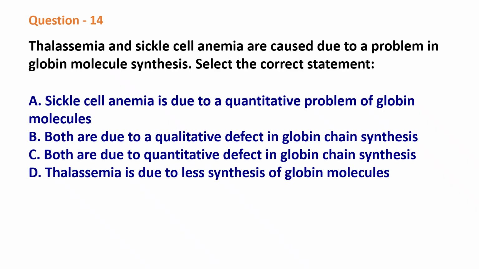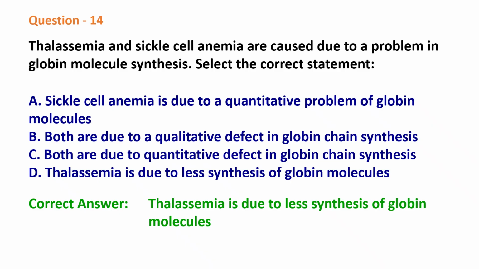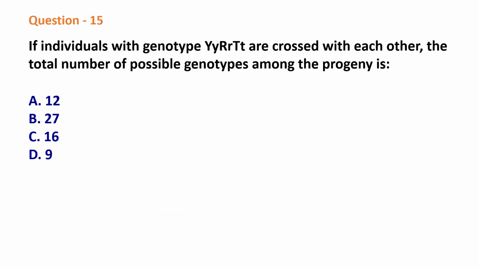Third one, both are due to quantitative defect in globin chain synthesis. Last one, thalassemia is due to less synthesis of globin molecules. Correct answer, thalassemia is due to less synthesis of globin molecules. That means thalassemia is the only quantitative defect and sickle cell anemia is qualitative.